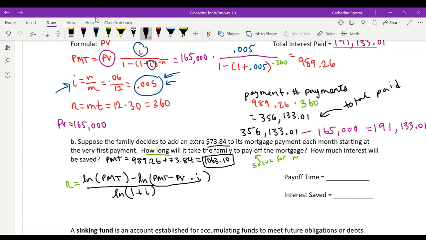Okay, so the things that are going to change in this equation from the previous part of this example is that the n is going to be different from 360. It should be lower than that now when we solve for it. The payment is now this 1063.10 number. So wherever I see payment, I'm going to write 1063.10.